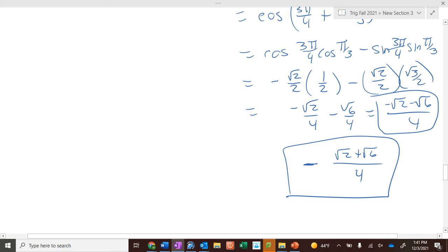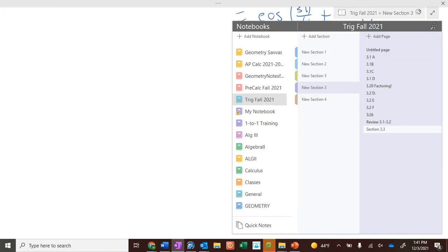Note card, get out your note card. Sum and difference of sine.